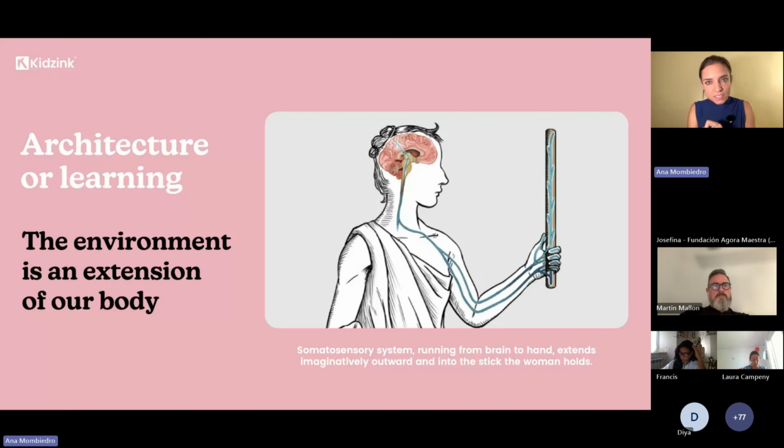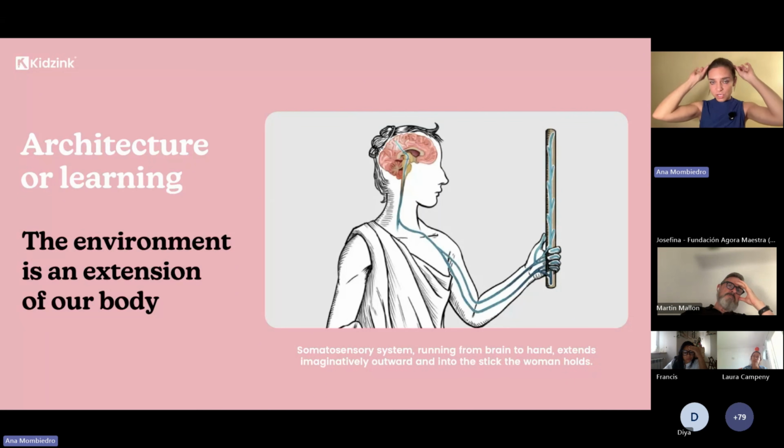Do you play any sports? Do you play tennis? Do you play cricket or table tennis? Or do you draw? Anything we use with our body, if we are using something with our hands, like a racket, or if we are rollerblading, okay, those elements become part of our body. They change our homunculus, okay?